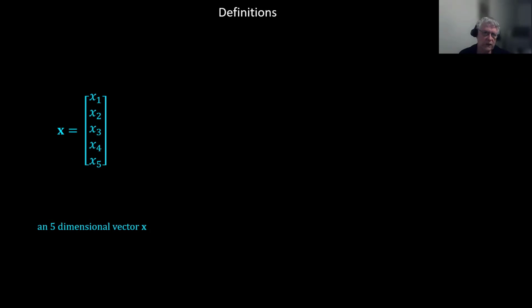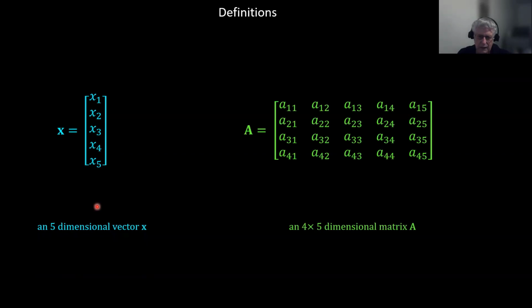Vectors are the most convenient way to do that. So a vector is normally just a bunch of numbers all written in a column. They are indexed according to their position in the column. So 1, 2, 3. In this case, we've got a 5-dimensional vector x with 5 elements.